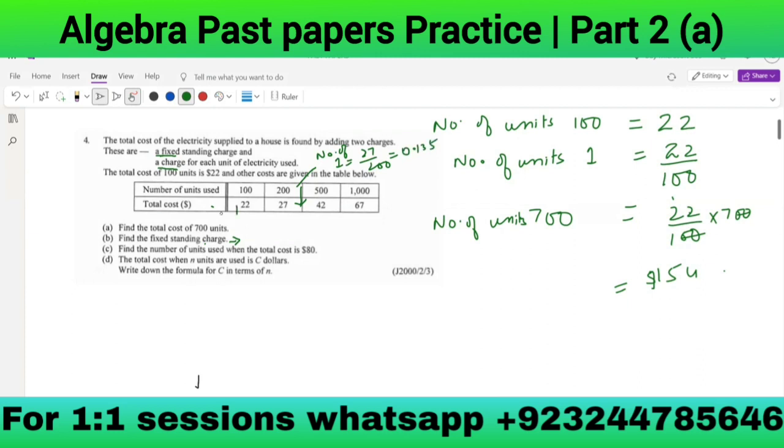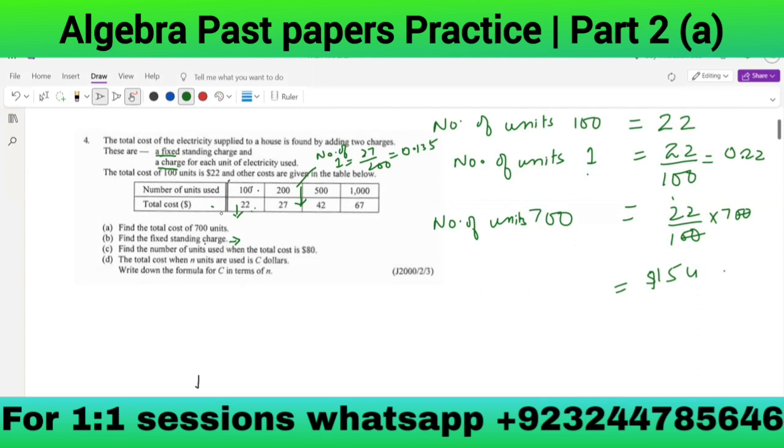But if we go to 22 by 100, it means 0.22. So for 100 units, the cost is 0.22 per unit. For 200 units, the cost should be double, right? For 100 units, the cost is 22.